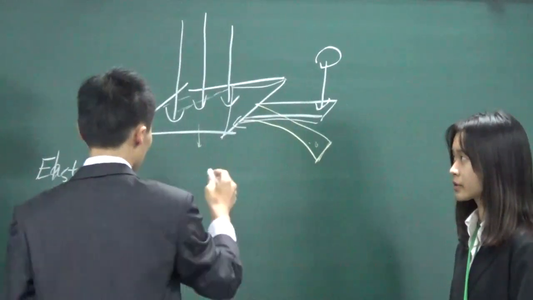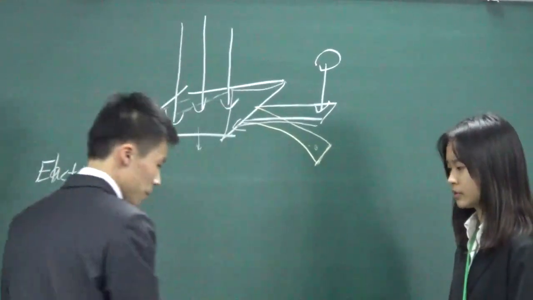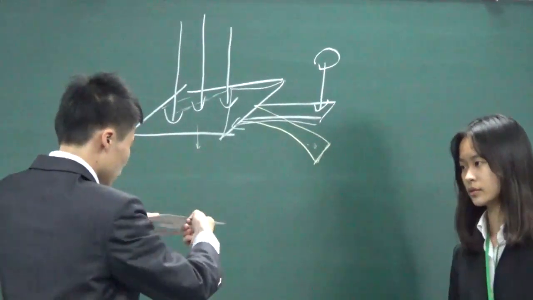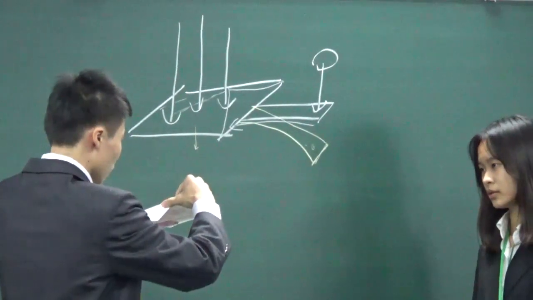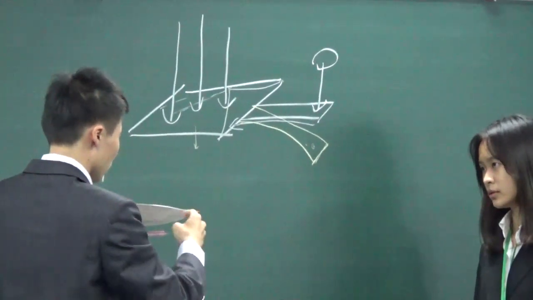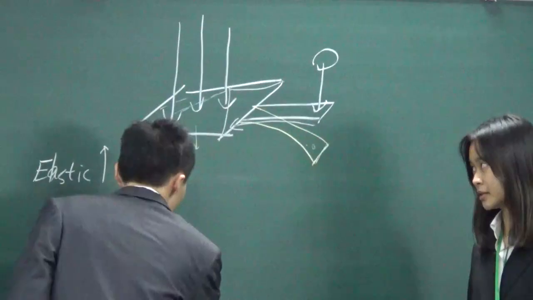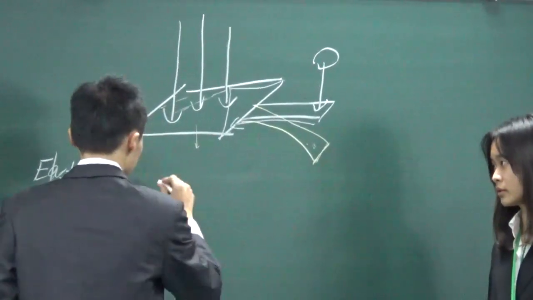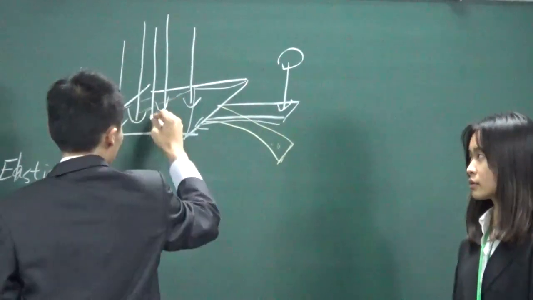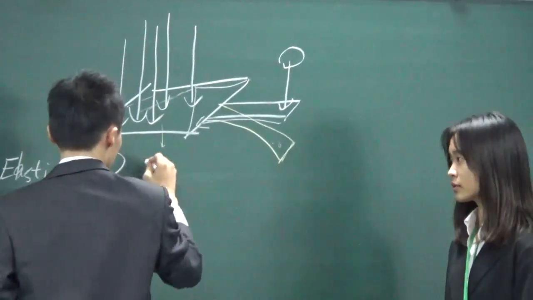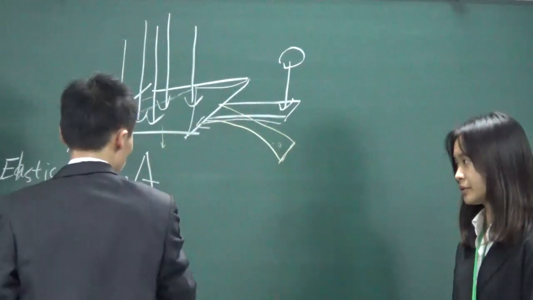Since the paper is flat and this part goes up, the total area will decrease, right? The force that the air acts on the paper is pressure times A, the area of the paper.